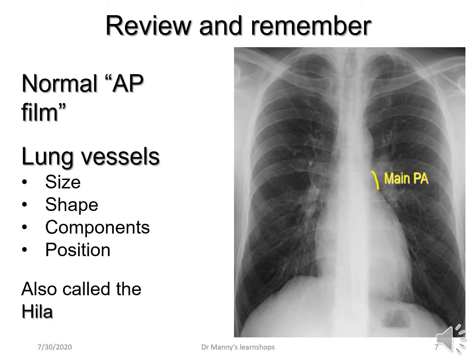When we look at the normal AP film and we look at the lung blood vessels, remember size, shape, components, position. And as I've indicated previously, where blood vessels enter and leave the heart are called the hilar. This is where the main pulmonary artery is located, the pulmonary trunk.